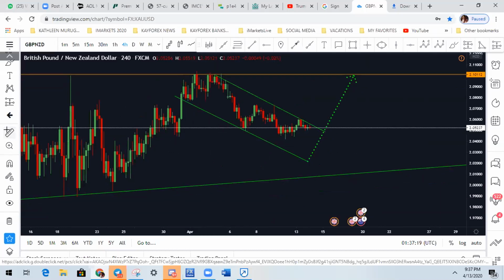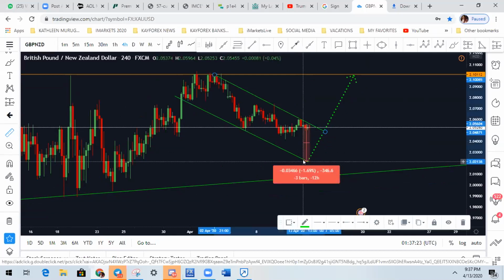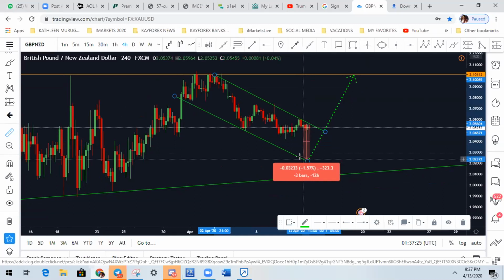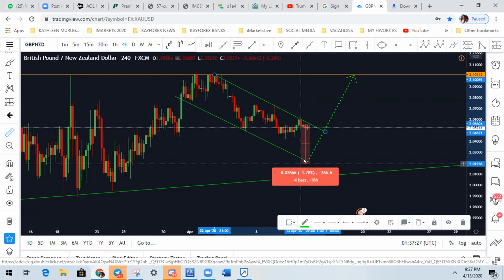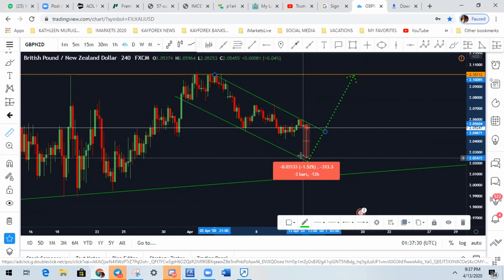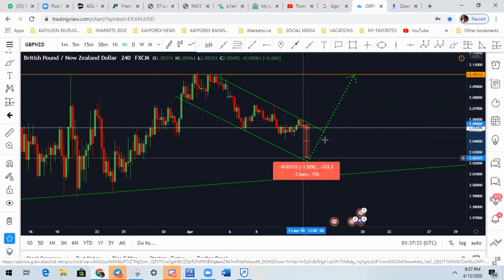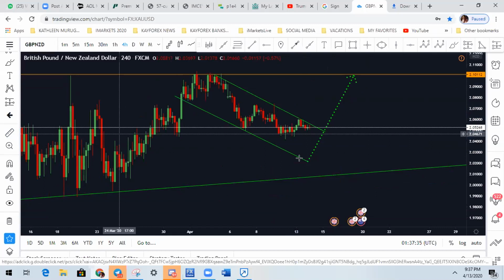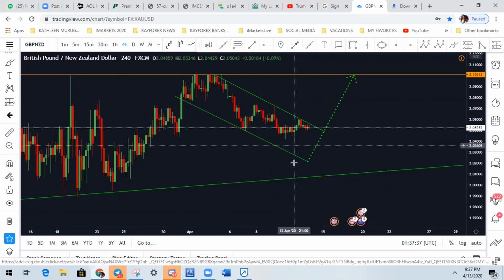So, for example, this correction here is what, is that 323? 300 pips? Is that what it's saying? Yeah, something like that. So even the correction alone can fetch you some pips. So that's why we don't ignore even the smaller time frames, especially if it's going in the same direction as your trend.